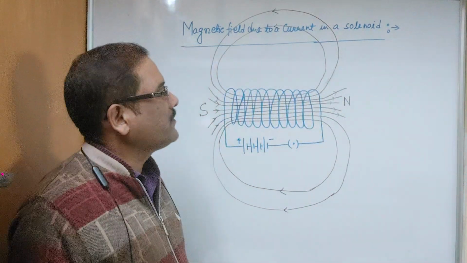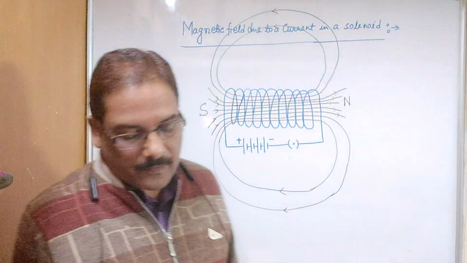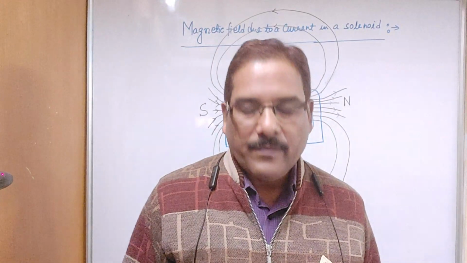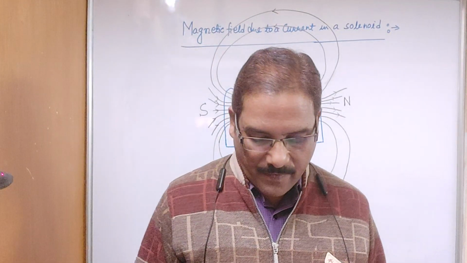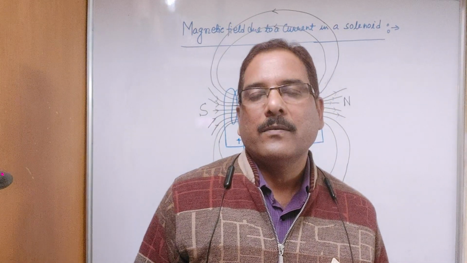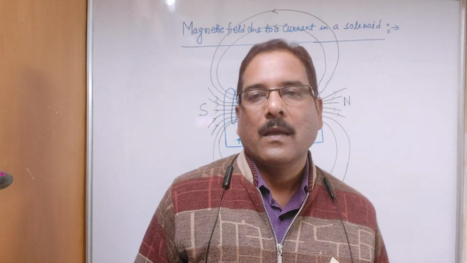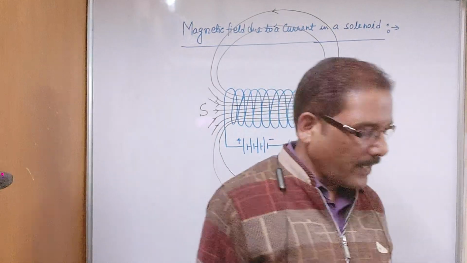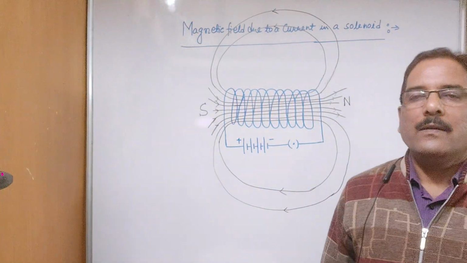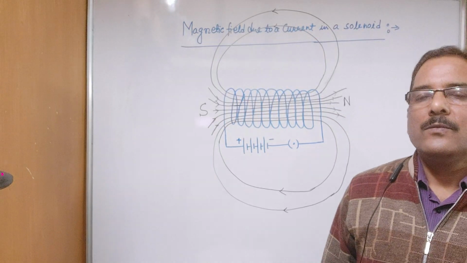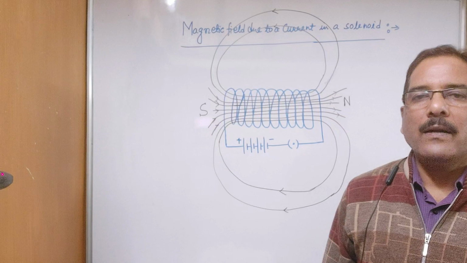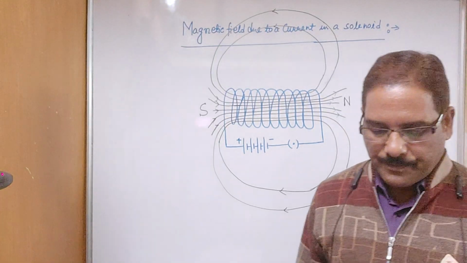So you write a few sentences. First sentence you write, the figure shows the pattern of magnetic field lines. The pattern of magnetic field lines is similar to that of a bar magnet.